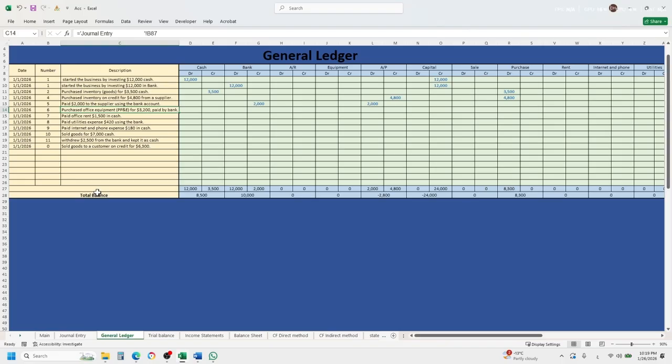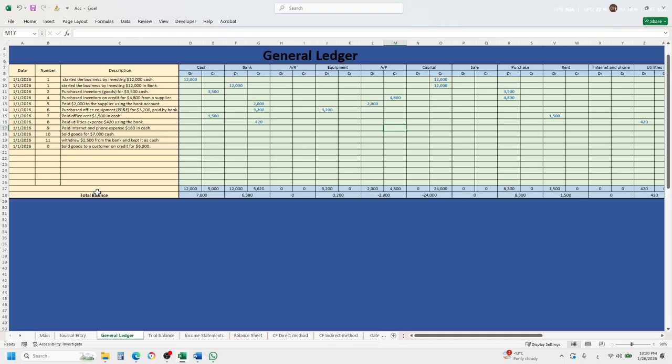Purchase equipment for 3,200. Equipment 3,200, and it's by bank, so bank decrease 3,200. Paid office rent in cash 1,500. Cash decrease 1,500, and the rent increase 1,500. Paid utilities from bank 420, so 420 decrease in bank, and utilities 420 increasing.